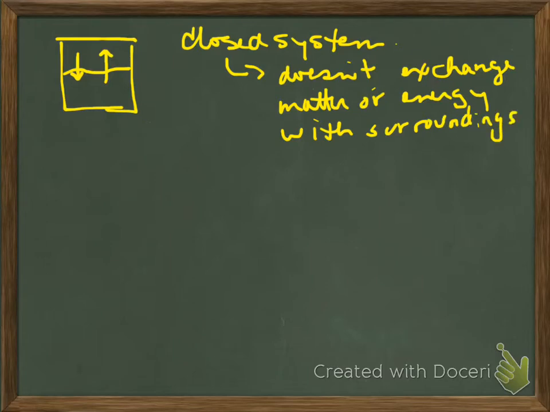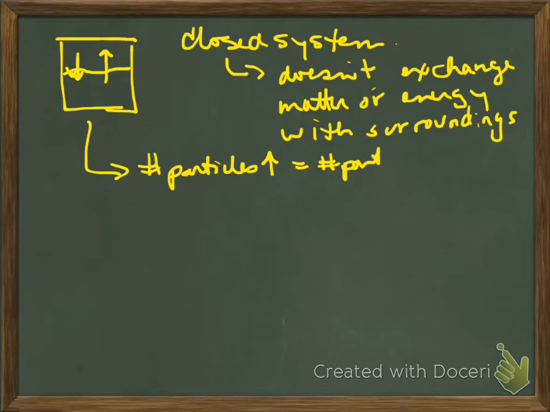Okay. So keeping that Boltzmann diagram in mind, some particles have enough energy to escape into the vapor phase. Some of those particles in the vapor phase have low enough energy that they're going to come back into the liquid. Eventually, the number of particles going up is going to equal the number of particles going back down.